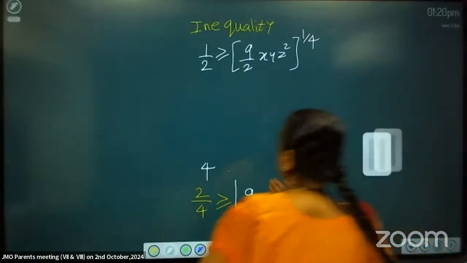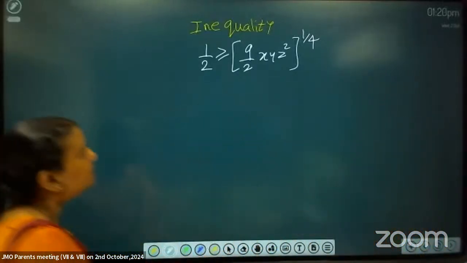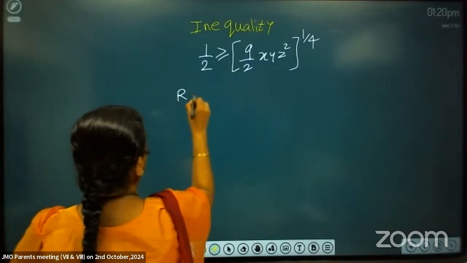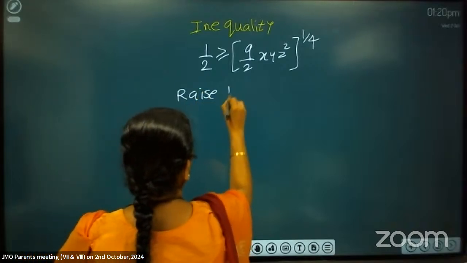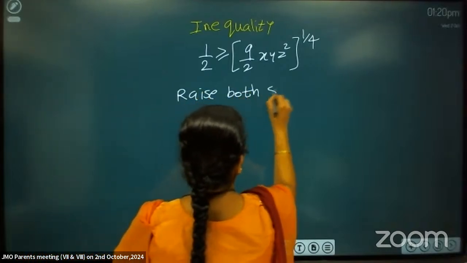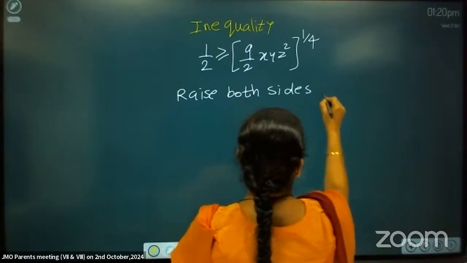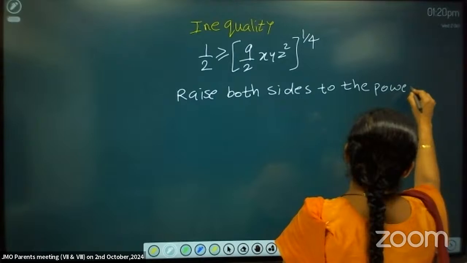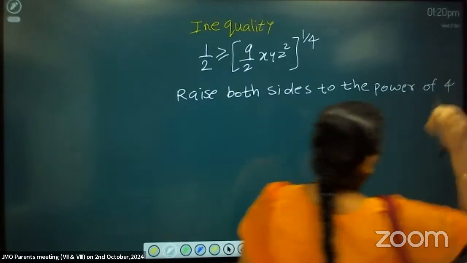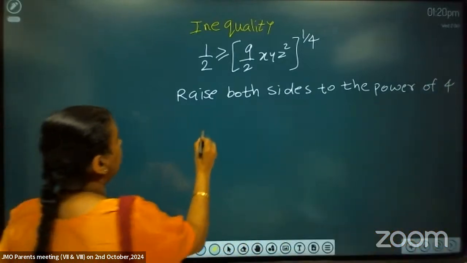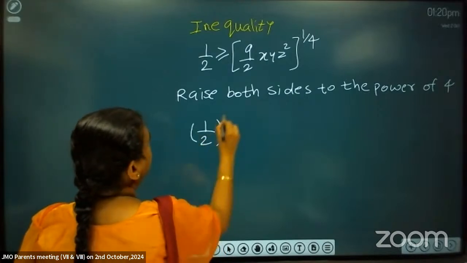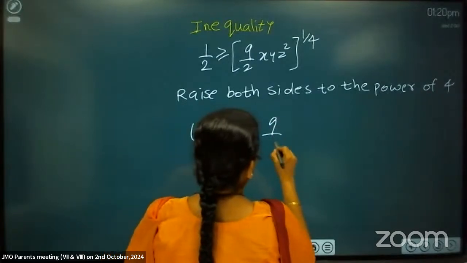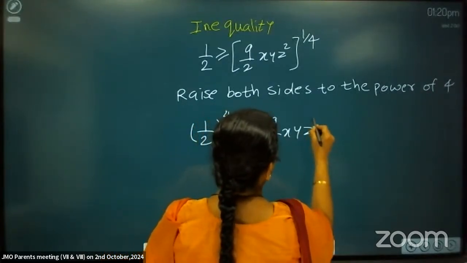I should get rid of these indices. So what I will do? I will now raise both the sides to the power of 4. So here I will get 1 upon 2 raised to the power 4 is greater than or equal to 9 upon 2 xyz square.